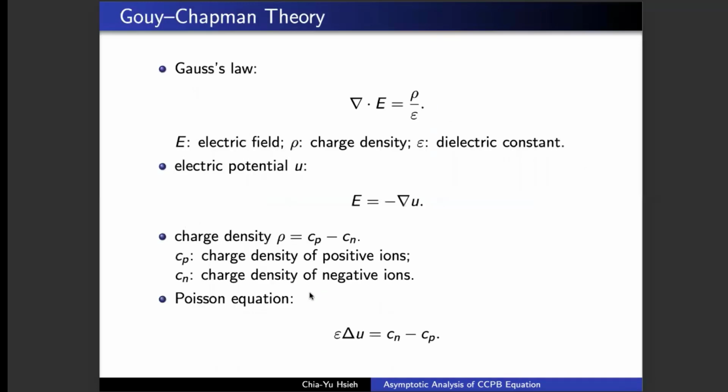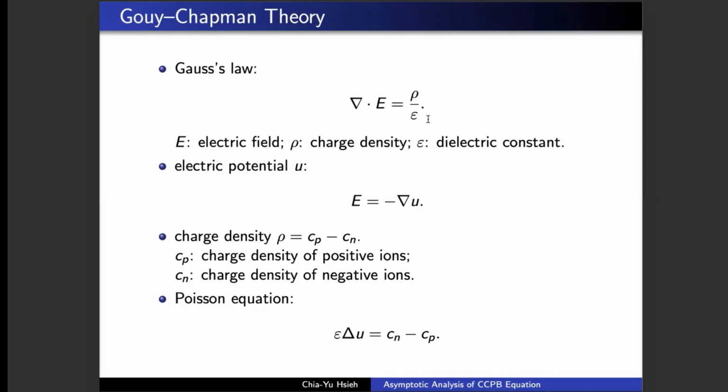Okay, now I'd like to show you how to derive the Poisson-Boltzmann equation from the Gouy-Chapman theory. We can start from the Gauss law, that is the divergence of the electric field is proportional to the charge density. On one hand, the electric field can be written as a gradient of electric potential with a minus sign.